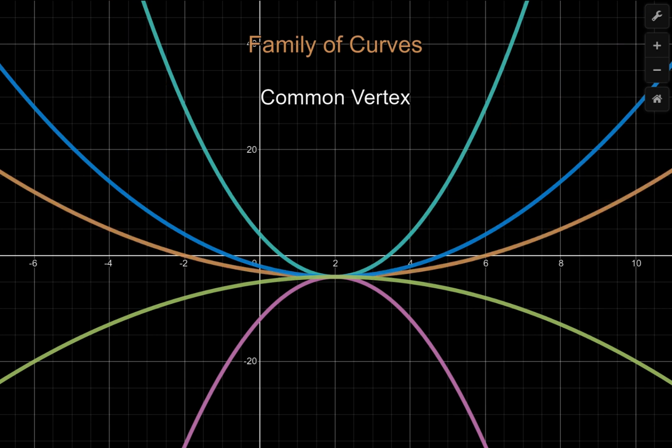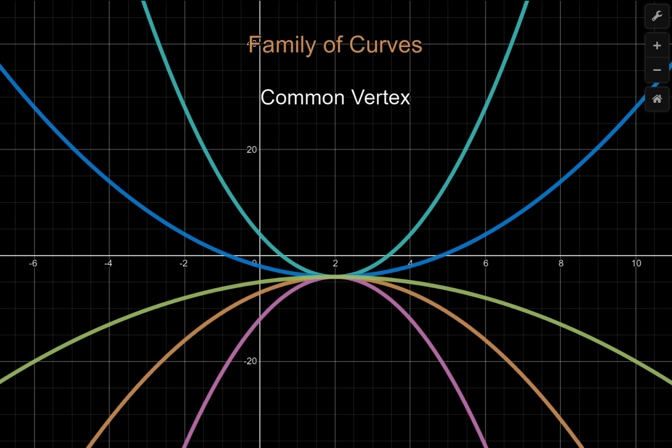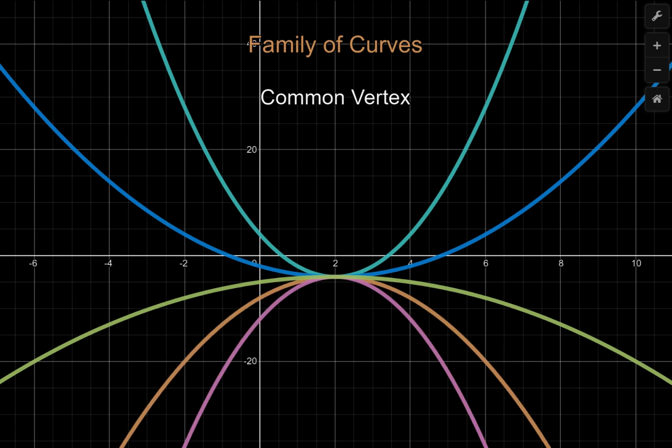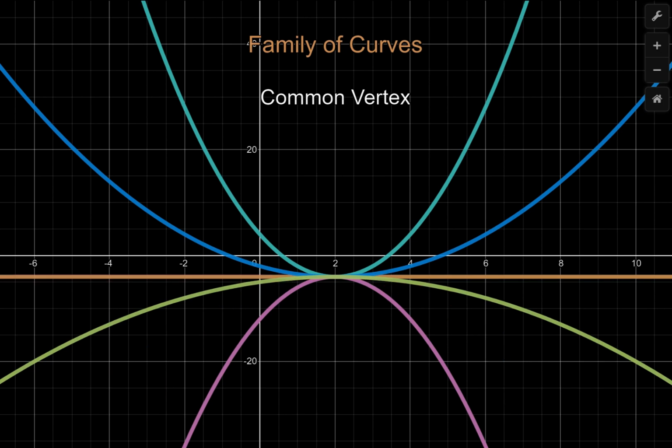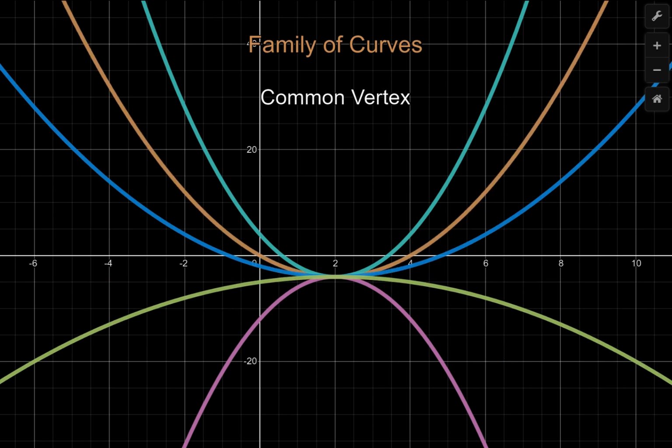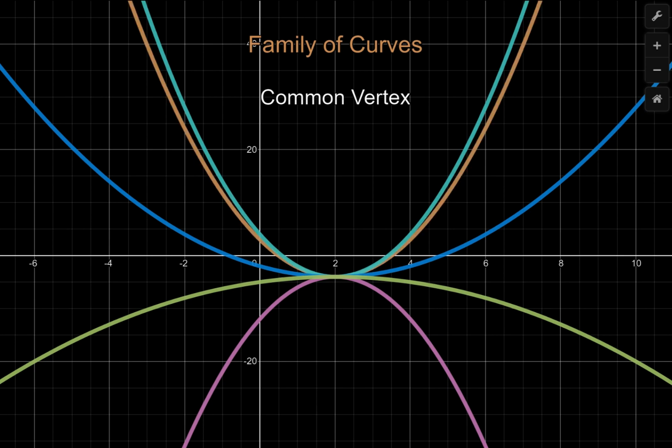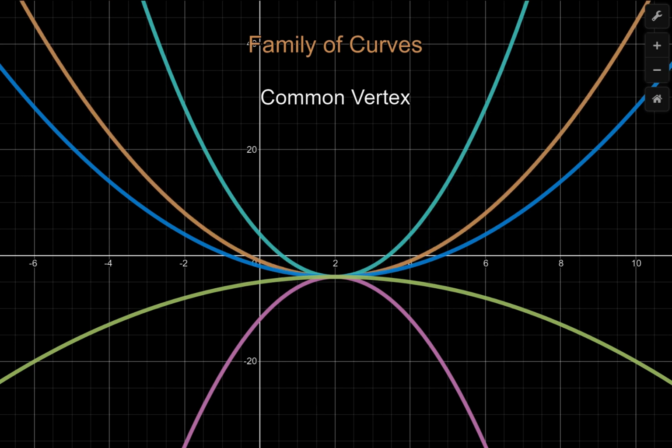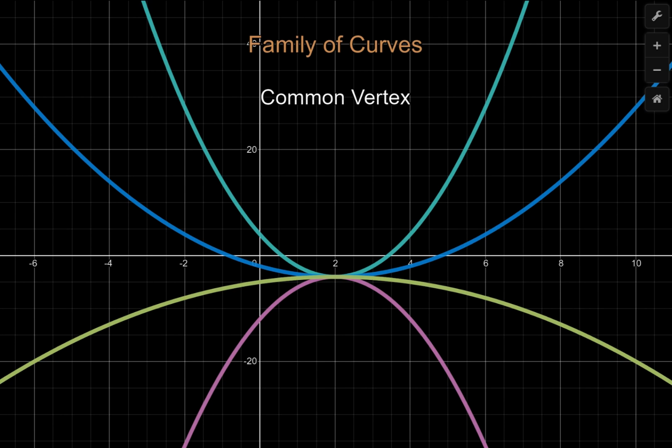In this visual presentation, which point do you think is common for all the graphs? Well, it is the vertex. And therefore, we can call this a family of curves with common vertex. The vertex for each graph is at (2, −4).